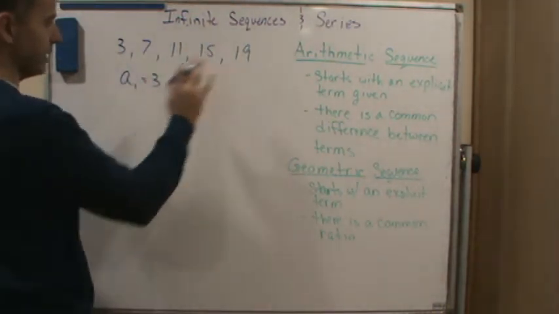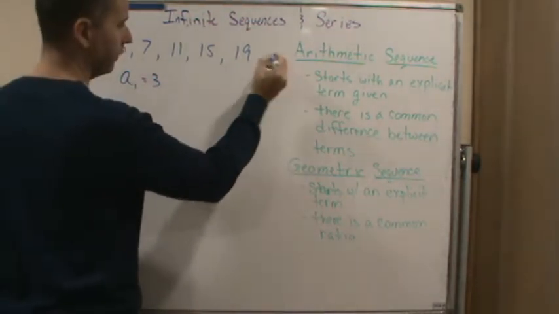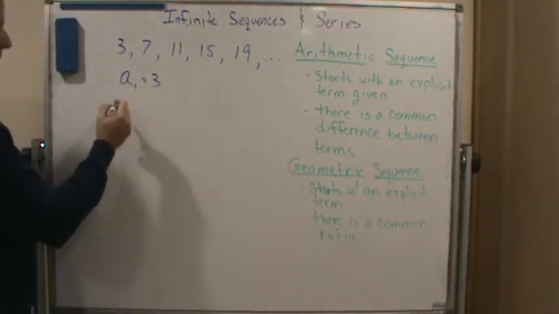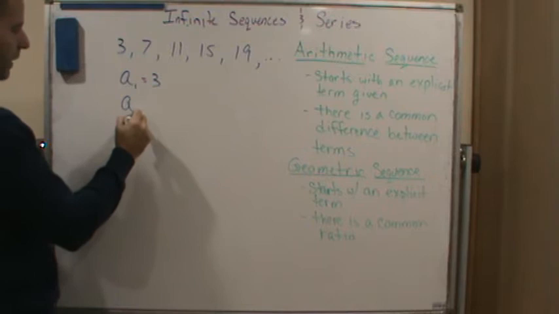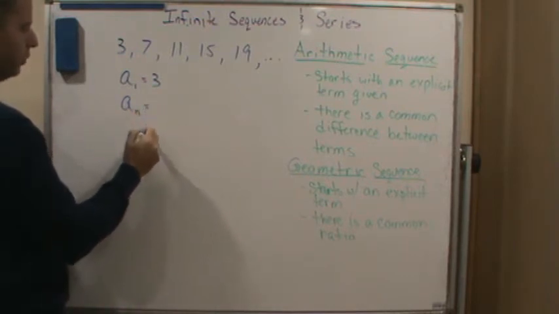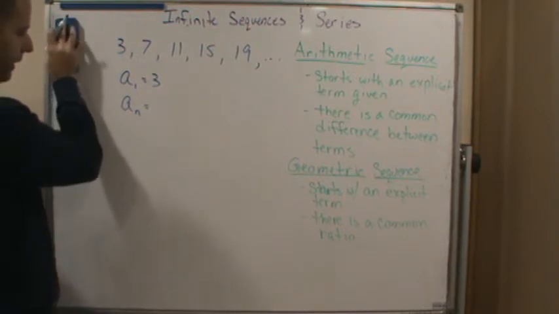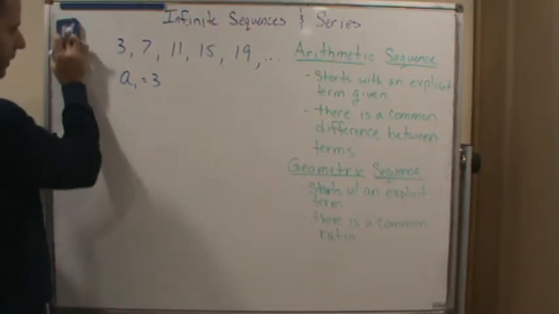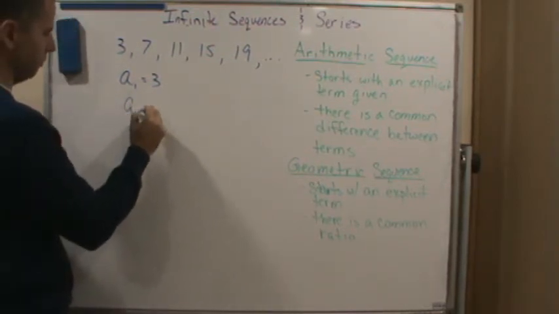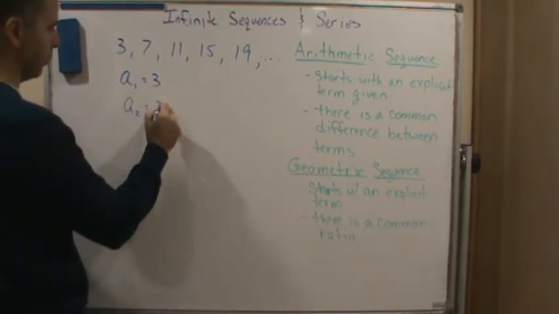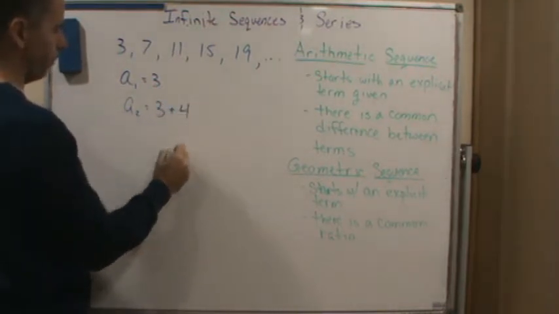So if this continues in like fashion, I can define a sub n recursively. Let's just do it this way. a sub 2 is going to be 3 plus 4.